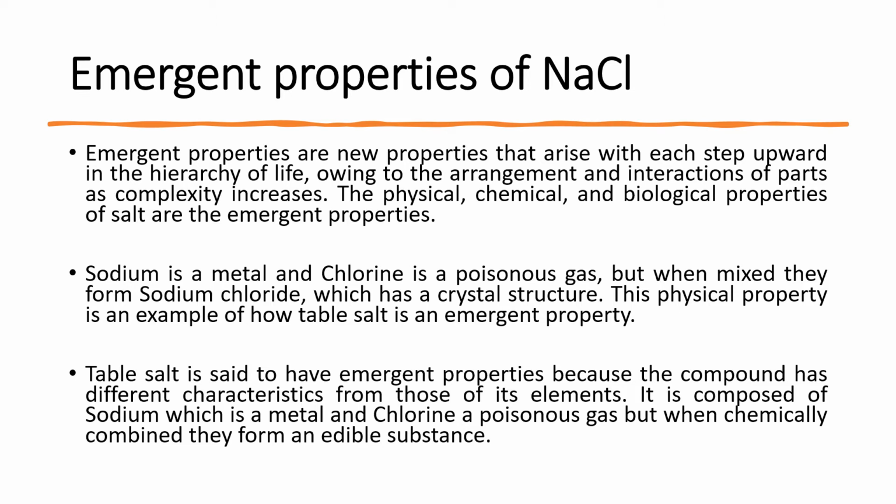This physical property is an example of how table salt is an emergent property. Table salt is said to have emergent properties because the compound has different characteristics from those of its elements. It is composed of sodium, which is a metal, and chlorine, a poisonous gas, but when chemically combined, they form an edible substance.